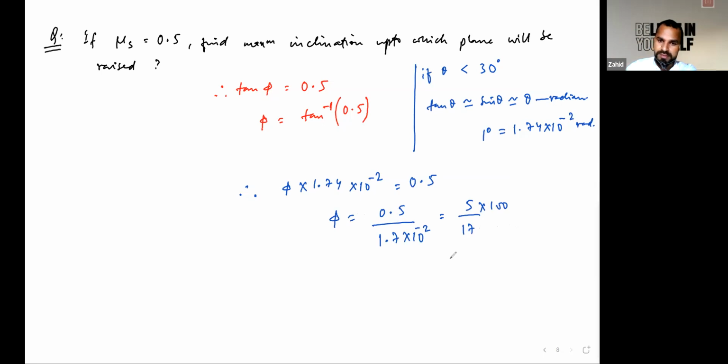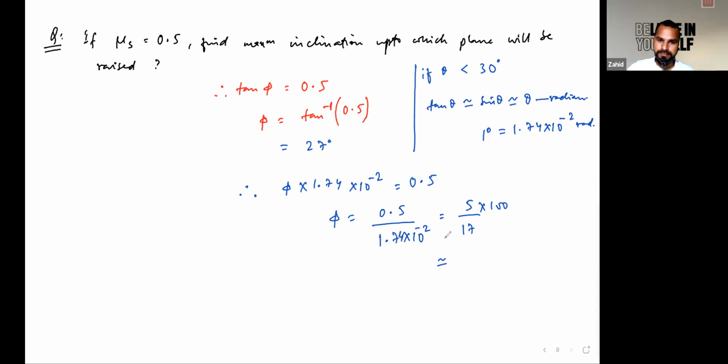If you divide this, it will be approximately 5.9, and if you multiply this whole, you will get approximately 28 or 29 degrees. But in actual, for this 0.5, the angle would be 27.